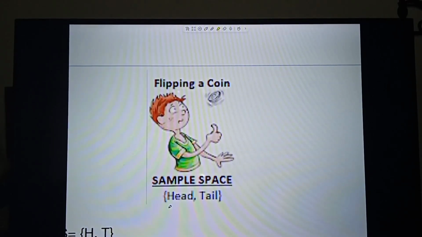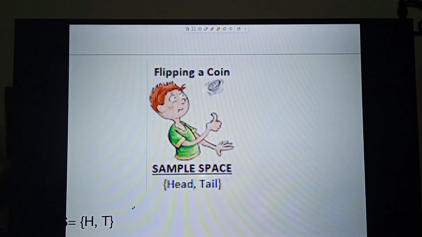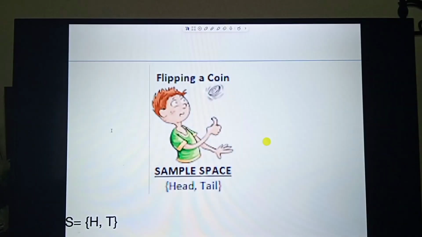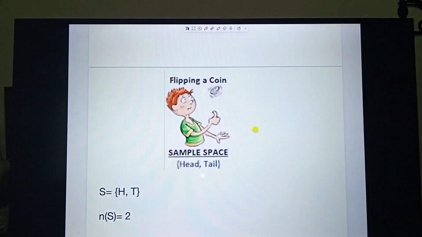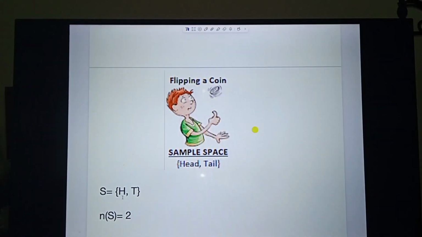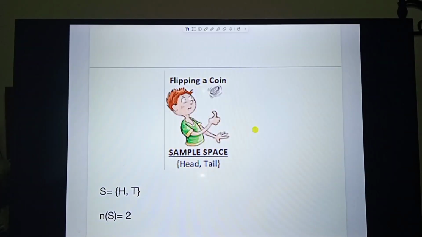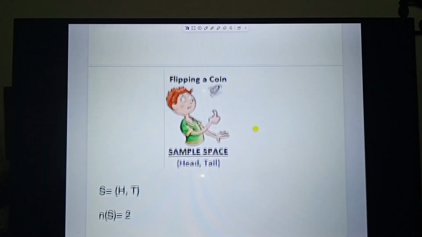So the sample space for this experiment is denoted with capital S, and in curly brackets you put head and tail, because these two are all the possible outcomes when you flip a coin.